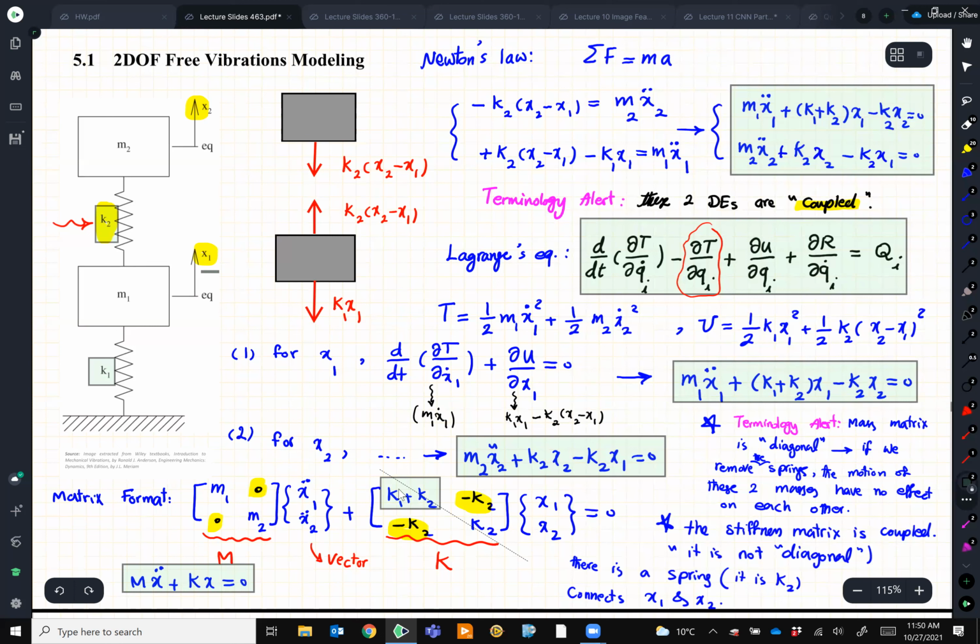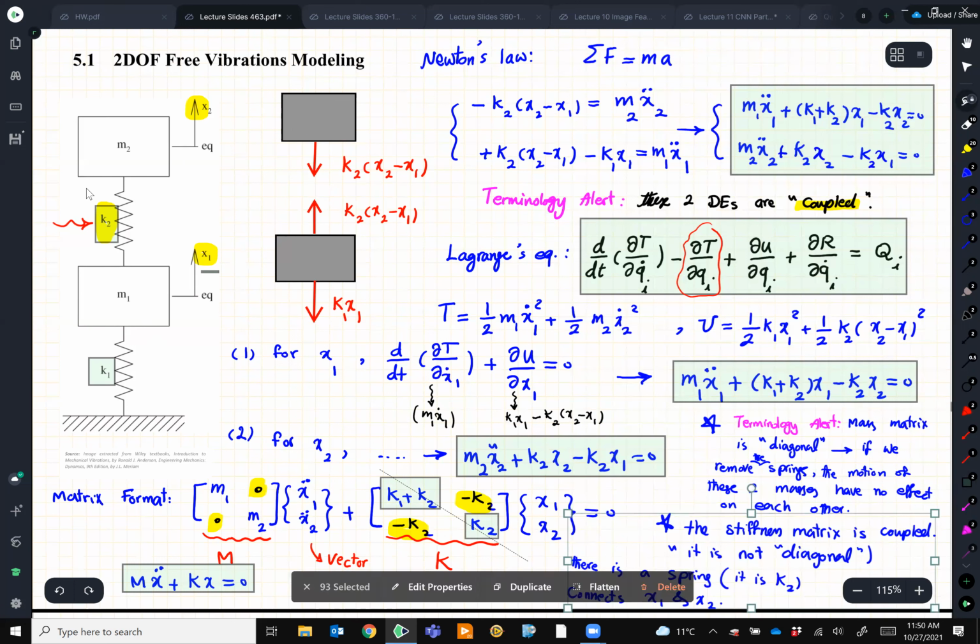So you see we have K1 plus K2. What about mass 2? For mass 2, it is only K2, right? Mass 2, or variable x2, it is only K2 that is attached to it. It's not K1, right? K1 is far away, it's somewhere else. So let's also add that one, and then we'll be done for today.